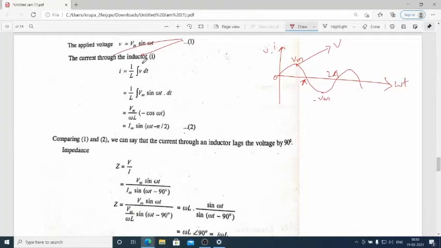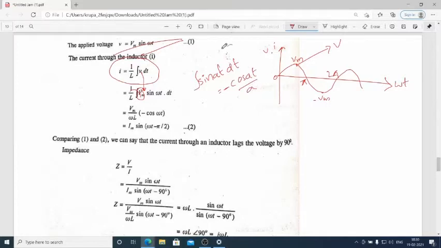The current through the inductor was derived in the first chapter: i is equal to 1 upon L integration of v into dt. Instead of v, I am substituting Vm sin omega t. Vm is a constant, so it is taken outside. So Vm upon L. We all know the integration of sin at into dt is minus cos at upon a.